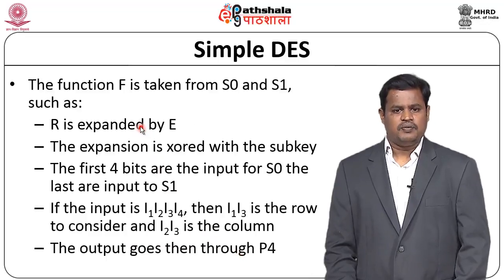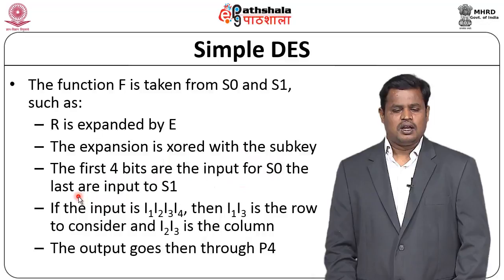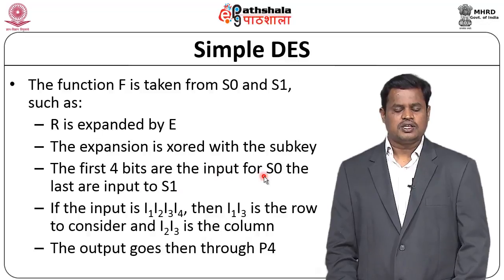So from this we can say f is taken from S0 and S1 such that R is expanded by E. The expansion is XORed with the subkey. The first 4 bits are input for S0, the last 4 are the input to S1. As I mentioned earlier, there are 2 S-boxes, so the first 4 bits and last 4 bits are given to S0 and S1.